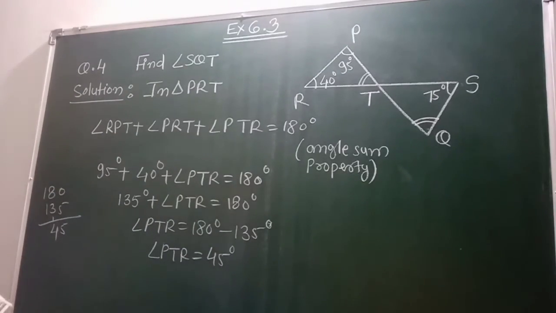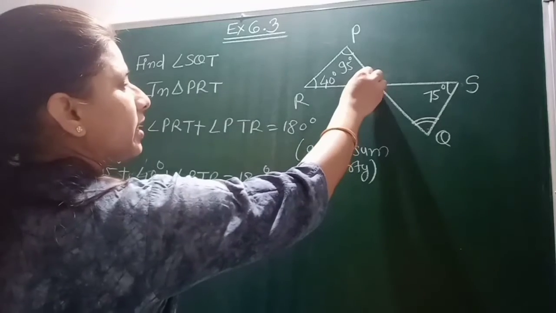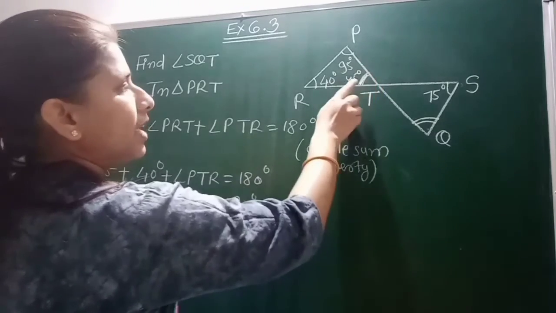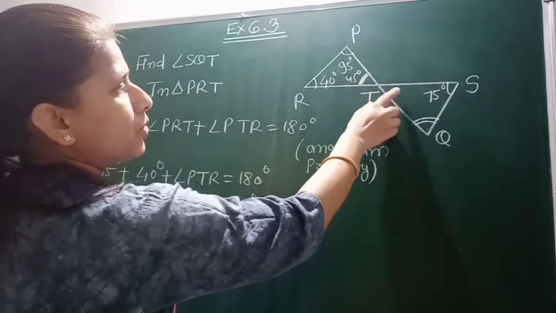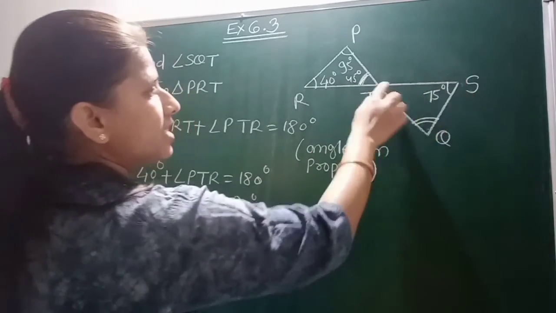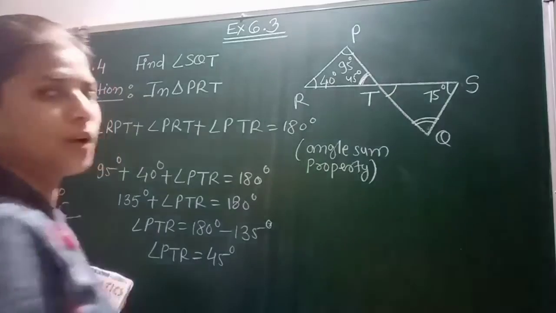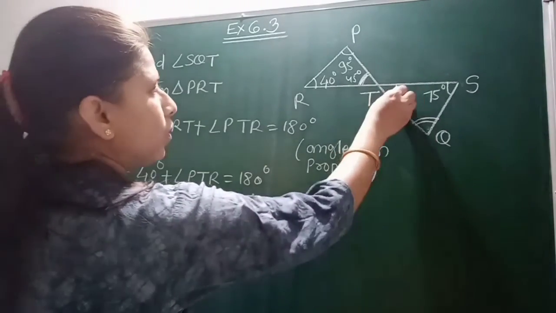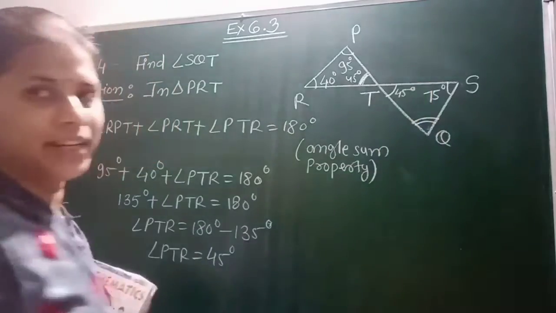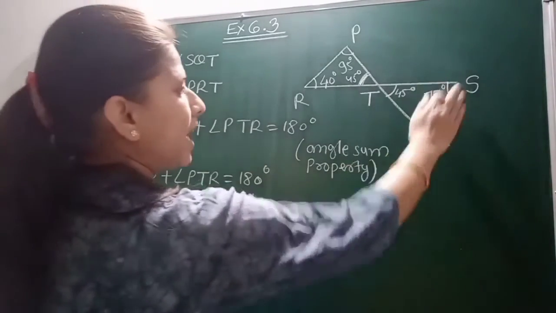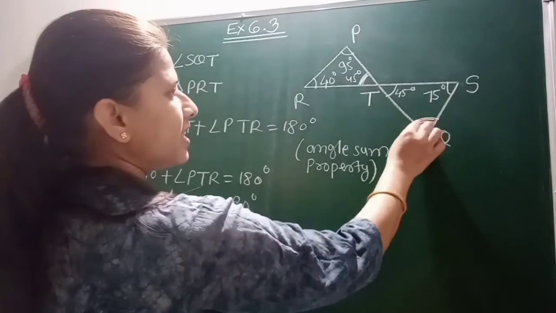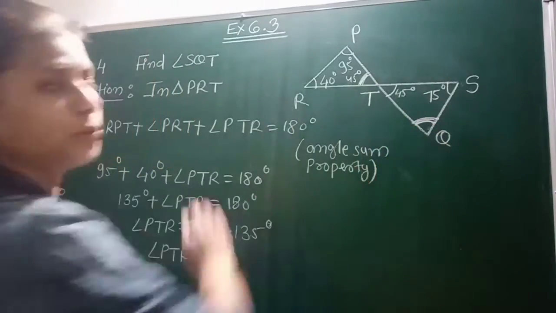Why did we find this angle, student? Because this angle is now 45 degrees, and just opposite to it is angle STQ, and as we know, vertically opposite angles are equal, so this angle will also equal 45 degrees. Then we can easily apply the angle sum property in this triangle and find angle SQT.